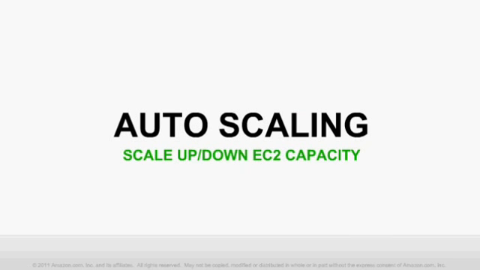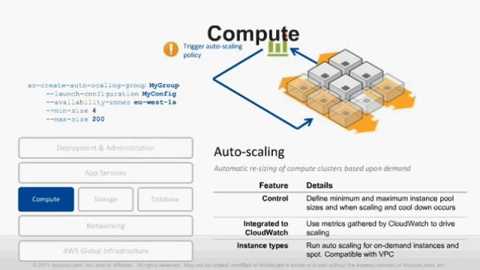So what is auto-scaling? Auto-scaling allows the automatic resizing of your compute cluster based upon demand. The way it works, you define an auto-scale group. You might say, I want to have a minimum of 4 servers in my auto-scale group. I want to have 2 in availability zone A and 2 in availability zone B. And I want to scale up by increments of 2, and I want to scale down by increments of 2.